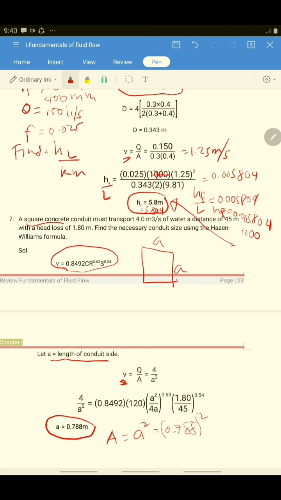So this is equal to 0.621 meter squared. That is the area of flow. That is another parameter.